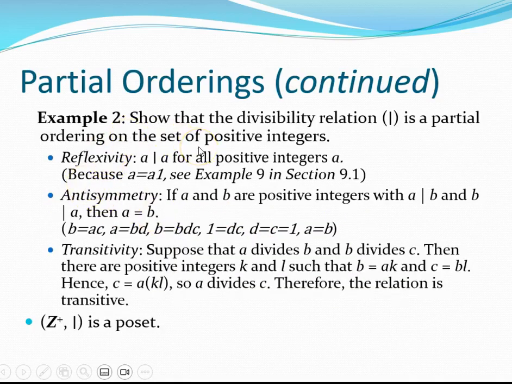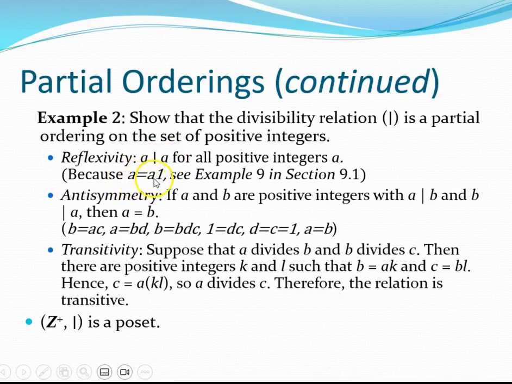Example 2. Show that the divisibility relation is a partial ordering of the set of all positive integers. Usually we denote this set with Z plus. The relation is reflexive because any positive integer a divides itself.